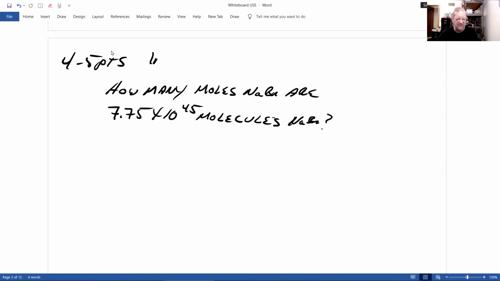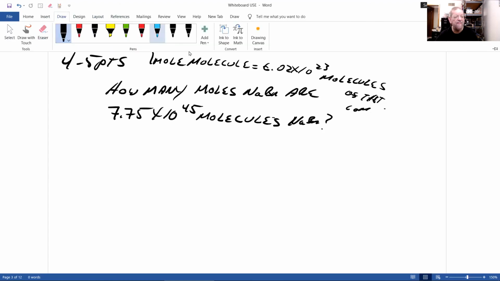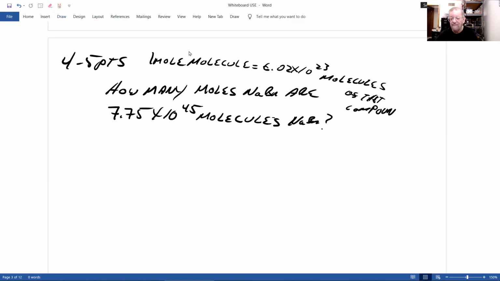And an important information, 1 mole of a compound equals 6.02 times 10 to the 23rd molecules of that compound. Your turn.